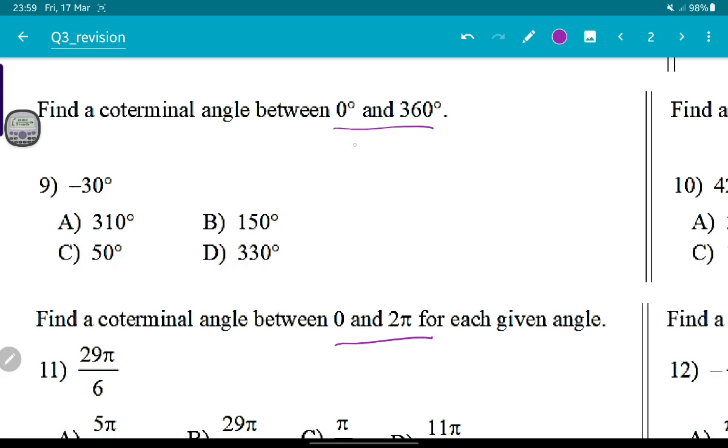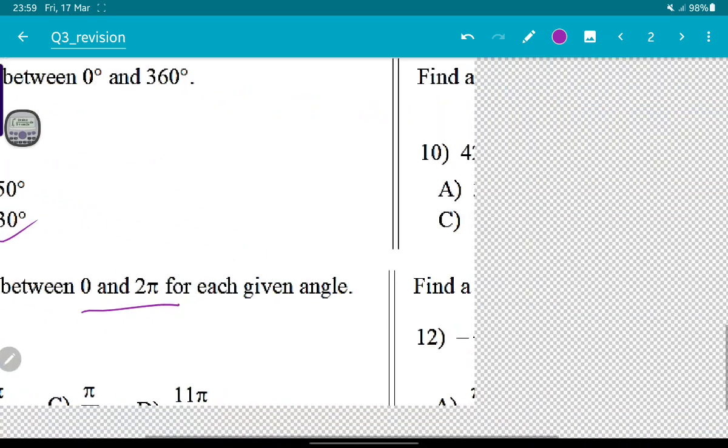So for example, if you have an angle like 50, if you add 360, this will give you a coterminal angle, which is 410, and so on. Or if you subtract 360, you'll have a coterminal angle for the 50. The same here, if you have a small angle, negative 30, add 360, so the answer would be 330.